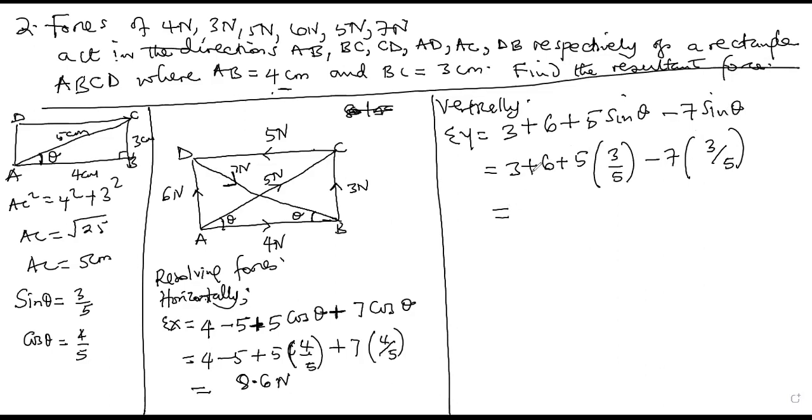Working on this, this is 9, this is 3, and this is 21 out of 5. You're going to have, is it 7.7? 7.8 Newton.